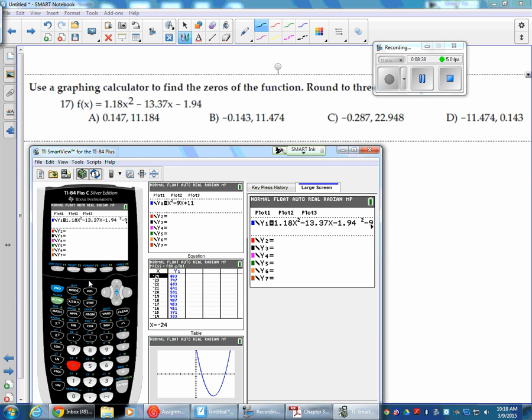I've got some other stuff there that I didn't take out before I started. It's not going to work. Clear. Start again. 1.18x squared minus 13.37x minus 1.94. And graph that.